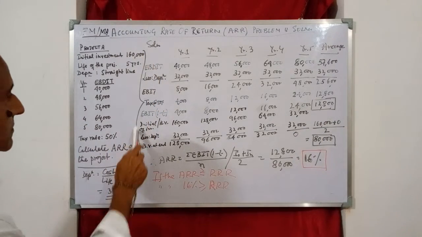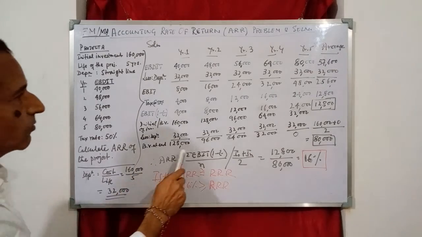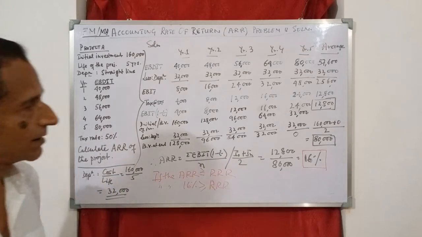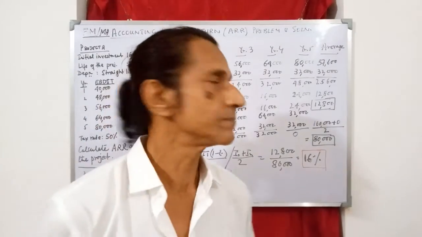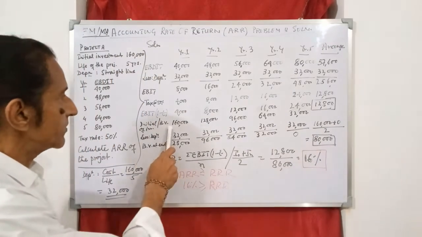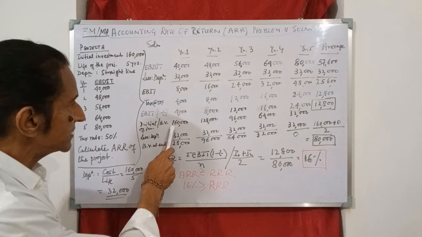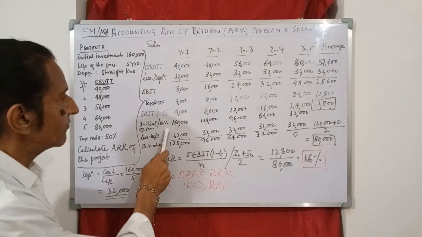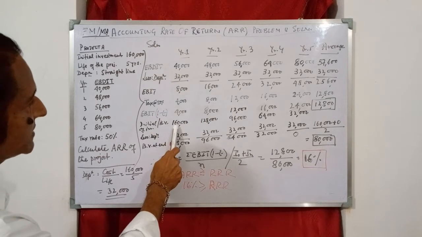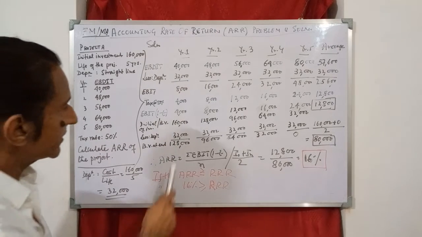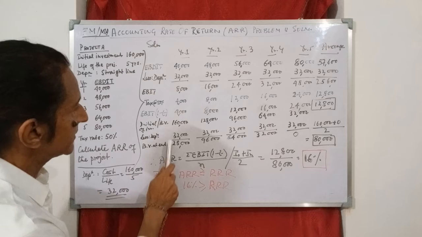Now in this part we have found out the book value of the project at the end of the 5th year. So we start from here. This is the initial book value of investment. At the beginning of year 1 it is 160,000. We have provided depreciation for the full year, that is 32,000.